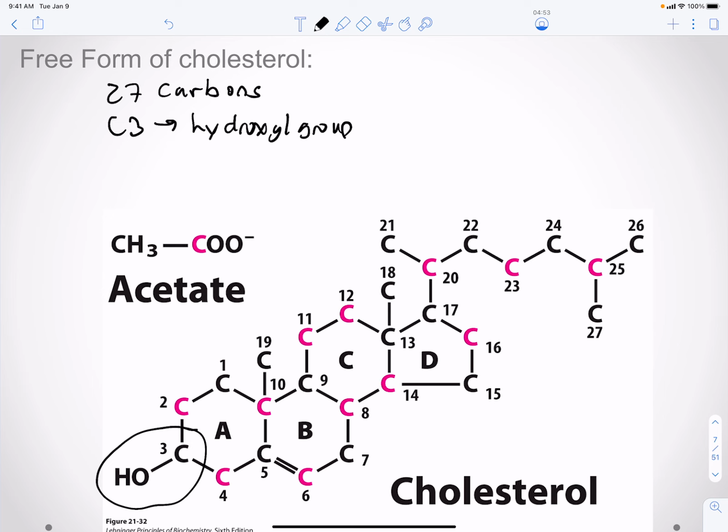Between carbon 5 and 6, you have a double bond. At carbon 17 is where you have a hydrocarbon chain attached. Remember, carbon 17 is still part of that nucleus. And at carbons 10 and 13, you have methyl groups. So here's our methyl group at carbon 10, and then we have another methyl group at carbon 13. Okay, so this is cholesterol. And all of these carbons are going to come from acetate.